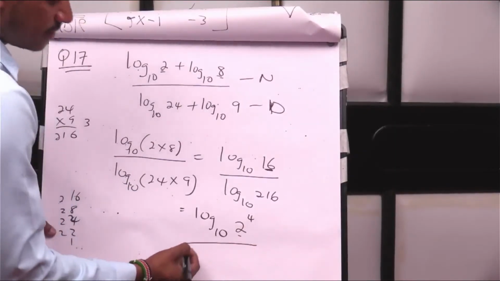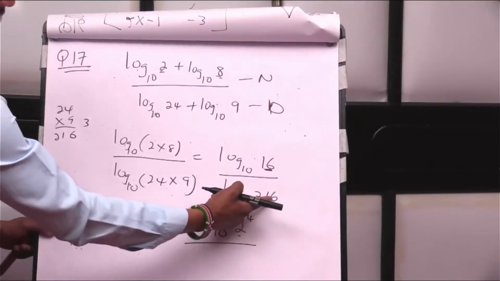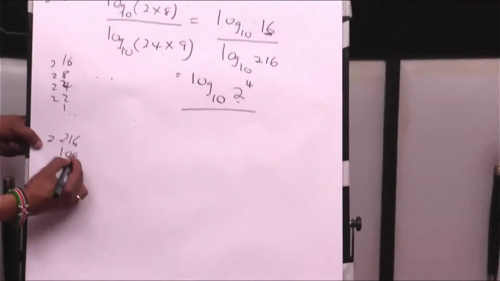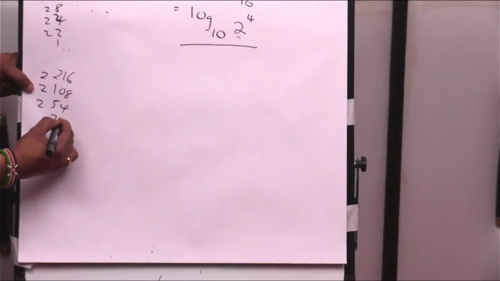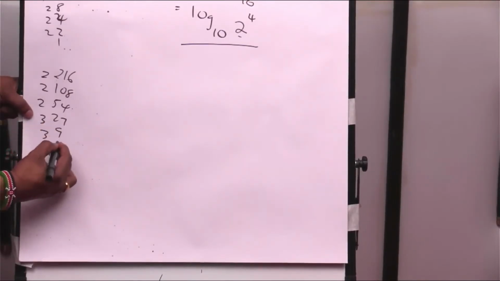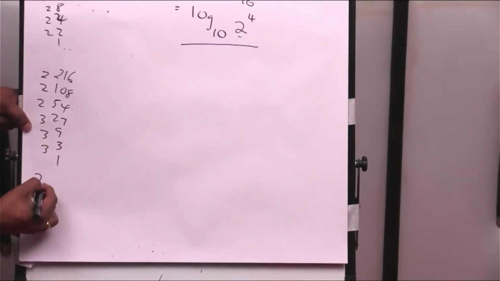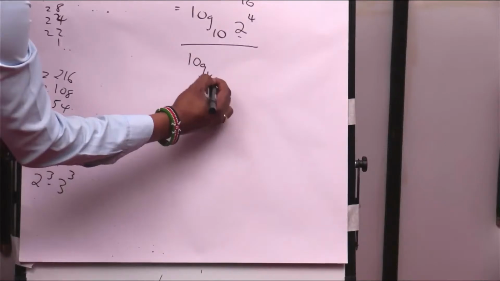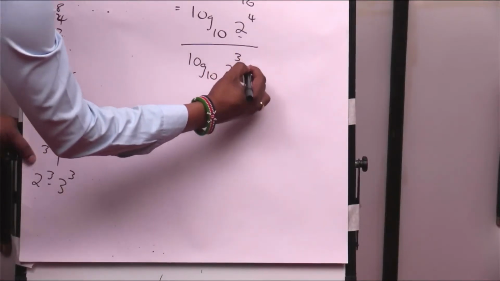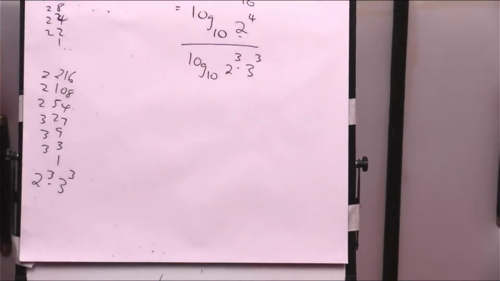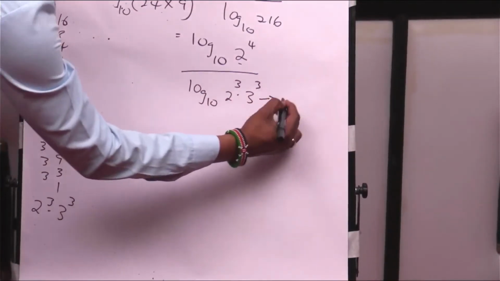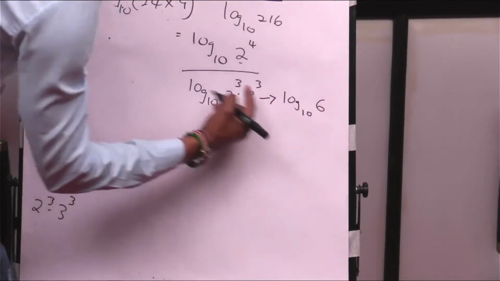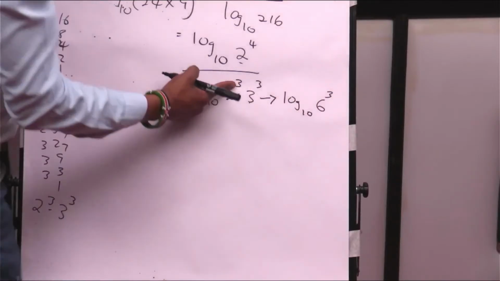Now we want to simplify 216. 2 here, 108; 2 here, 54; 2 here, 27; 3 here, 9; 3 here, 3; 3 here, 1. So this is 2 raised to power 3 times 3 raised to power 3. Multiply 2 times 3 to get 6, and take the power of 3.